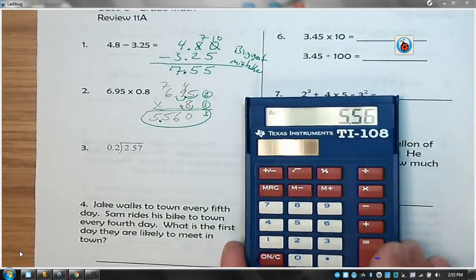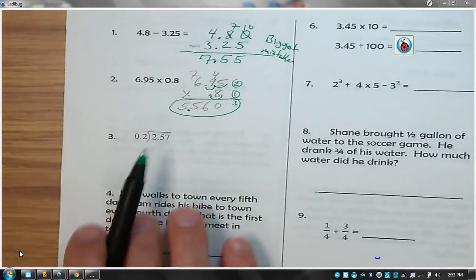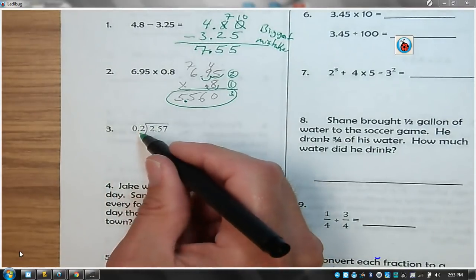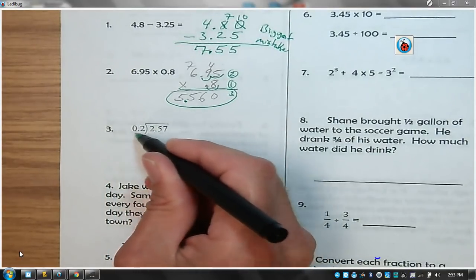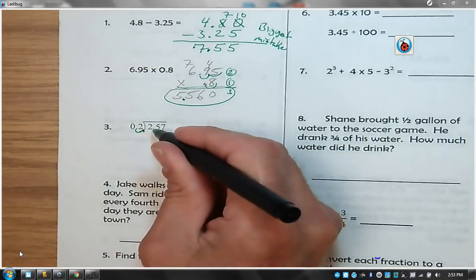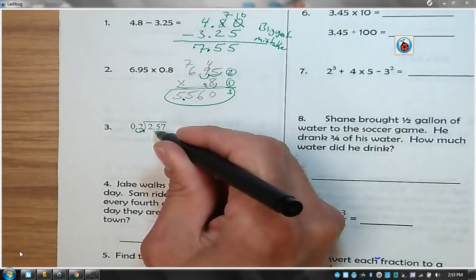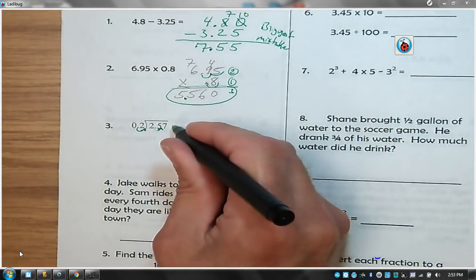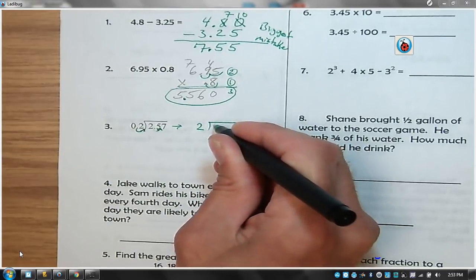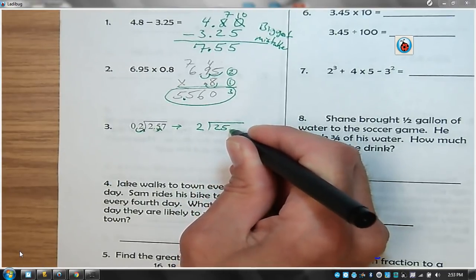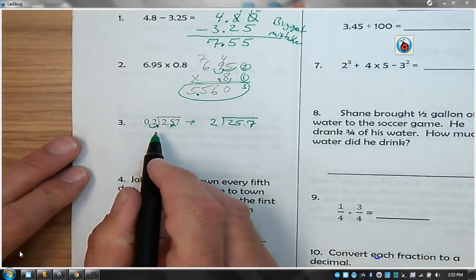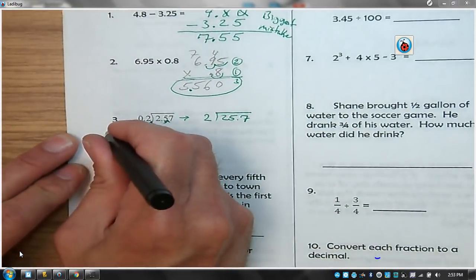Okay, there we go. So next one is division, and this is a review. So to get rid of these decimals, I have to move it over to make a whole number. And then I move this one over once, so I have to move that one over 1 time. So now this becomes 2 goes into 25.7. So if I move it over once here, I have to move it over once there.